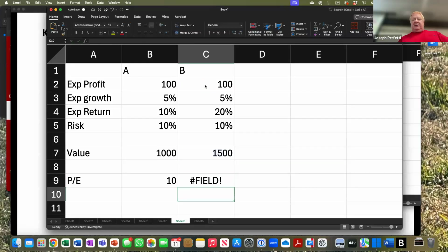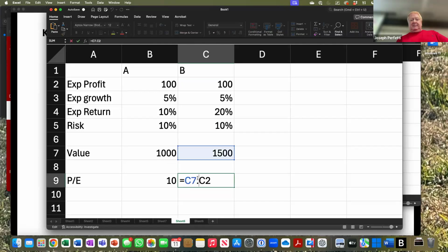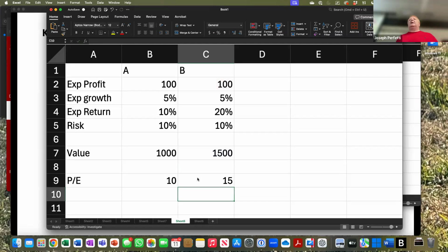They would trade at a PE of 15. So B is worth 50% more than A on a cash flow basis. B would trade at a 50% higher PE. ROIC is the shortcut for free cash flow. Multiples are the shortcut for free cash flow valuation.